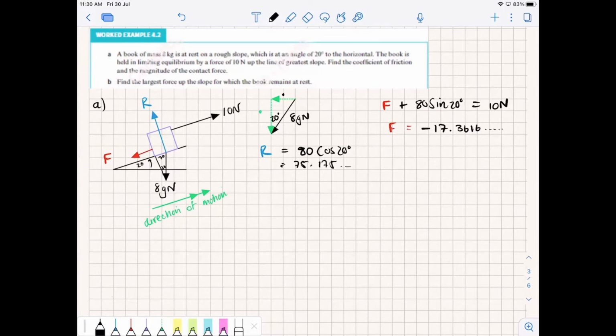The force is actually acting in the opposite direction to the assumption that I've made. If I had considered this force to be holding the object on the hill, in other words, this object was actually on the verge of slipping down the hill, that would have meant that this force here needed to actually act in the opposite direction.